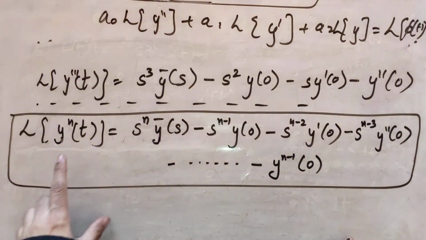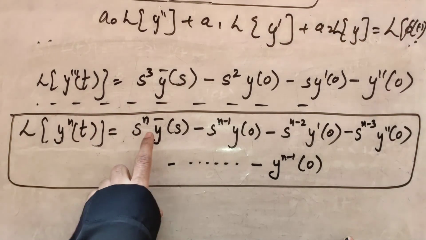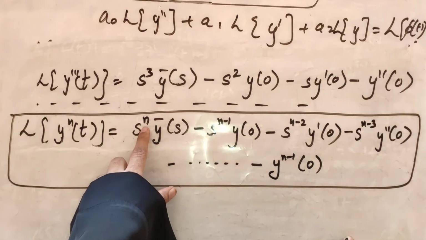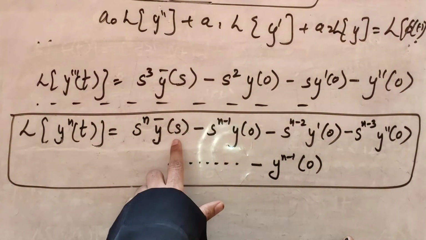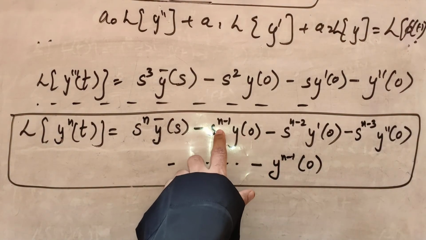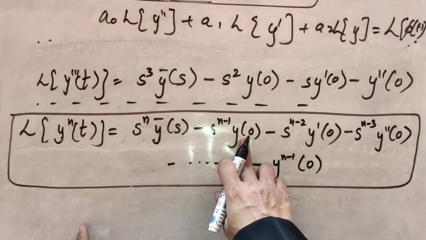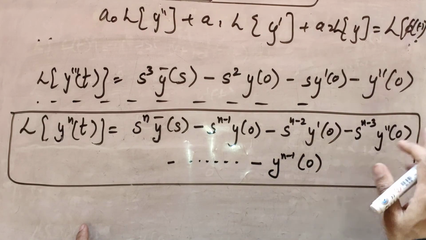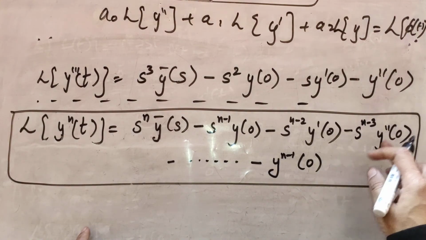No matter which derivative of y you are considering, the n should appear as s to the power n, y bar of s, minus s to the power one number less than the previous one, but here it will be y of 0. Always the next term will be y of 0, then minus again one power less than the previous, s into y dash. Earlier we had only written y of 0, now it becomes y dash. Third, again y double dash it will be. Again, of n minus 3, y double dash.